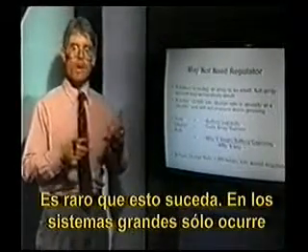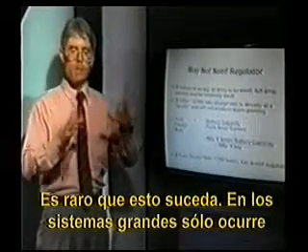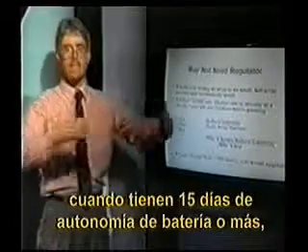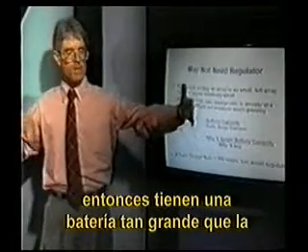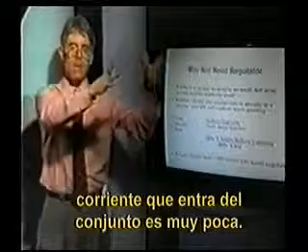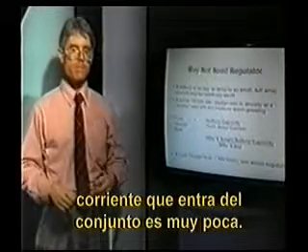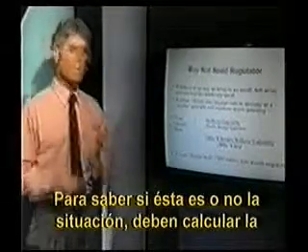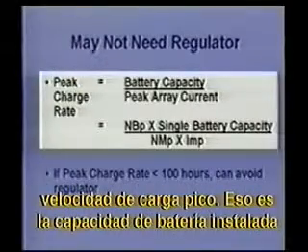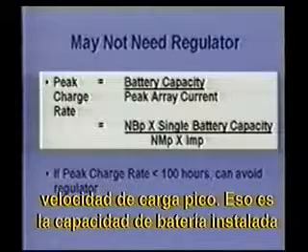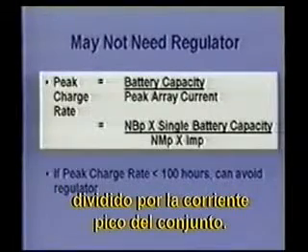These circumstances are rare. Typically in large systems it only occurs when you have 15 days or more of battery autonomy, because you've then got such a large battery that the array current flowing in is quite small. The way you can calculate whether you've got this situation or not is to calculate your peak charge rate. That's the battery capacity that you've installed divided by the peak array current.